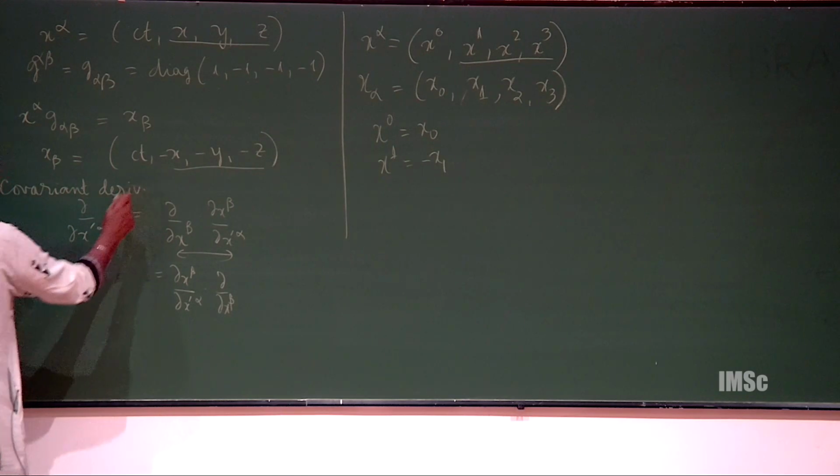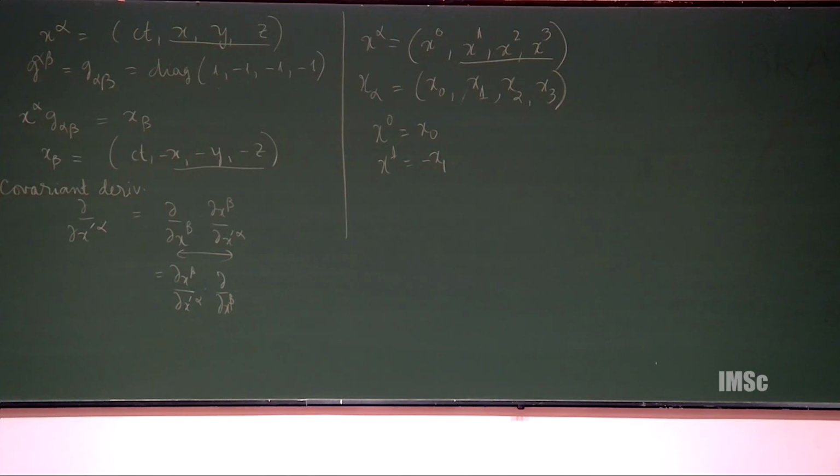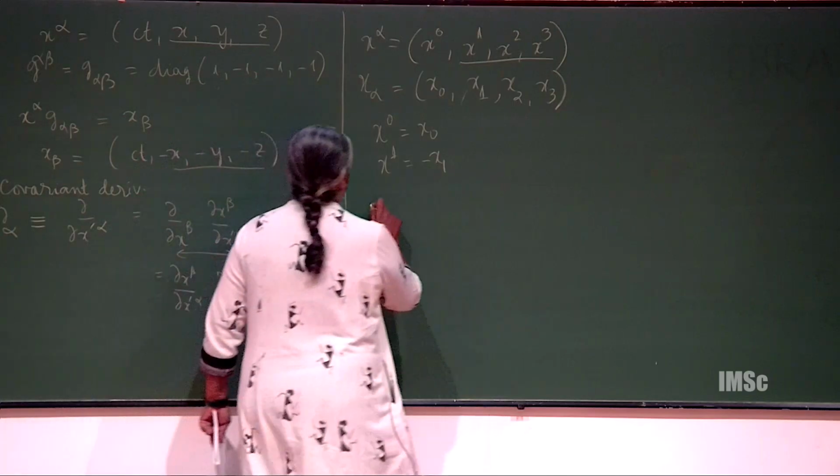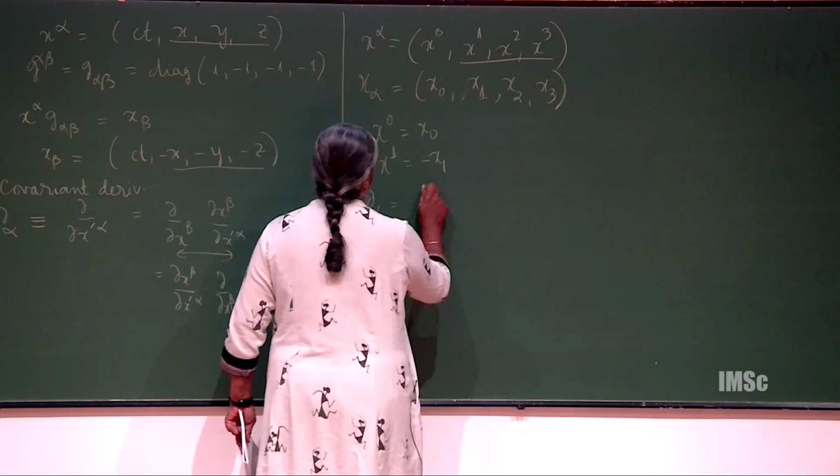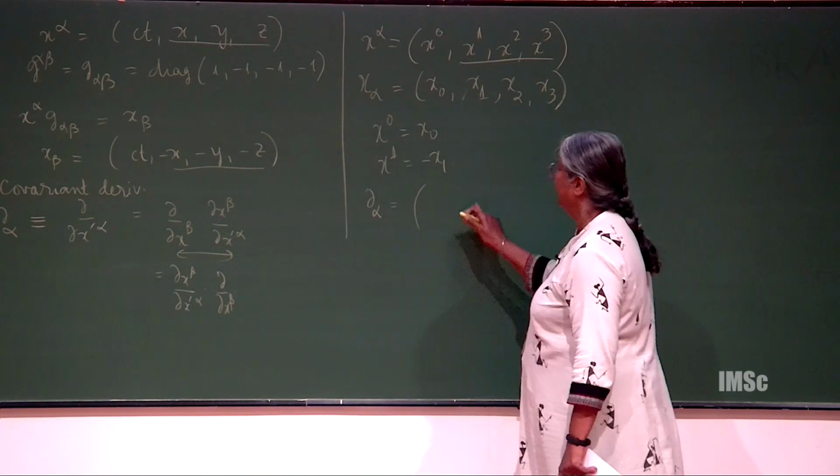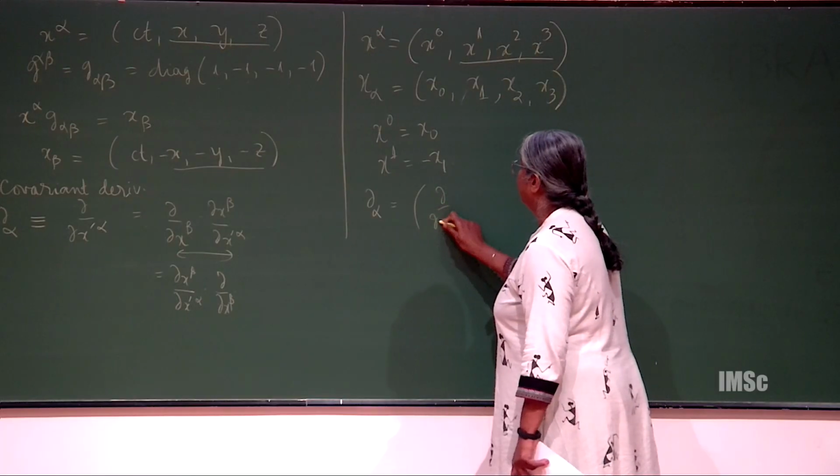Those of you who are in MSc may have heard of covariant derivatives, right? They are always covariant derivatives because they transform like a covariant vector, right? Is it clear? So this, I will therefore give the symbol d alpha lower, and then d alpha lower is d by dx.